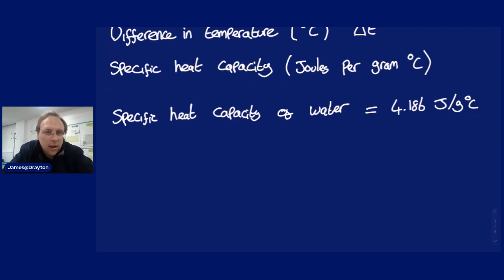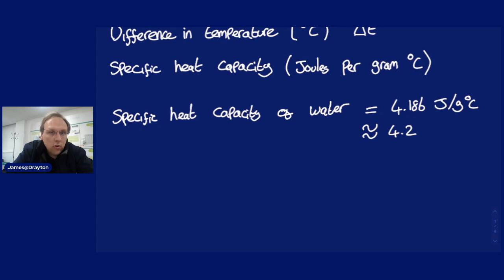So what that's saying is that to elevate the temperature of a gram of water by 1 degree, it requires 4.186 joules. Now, for simplicity, we tend to simplify that to 4.2. The numbers we're dealing with here, we don't need to be super accurate, so we can afford to round that up to 4.2.